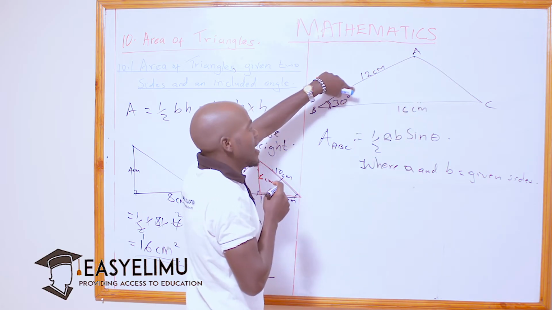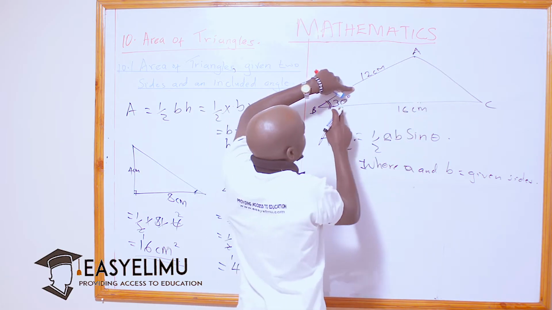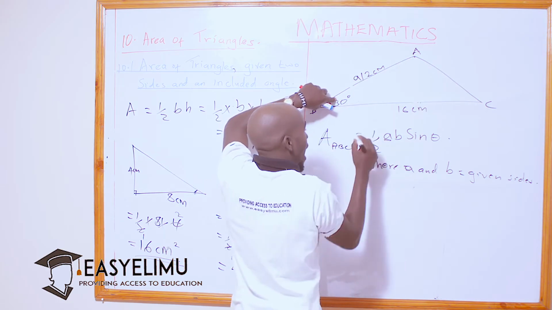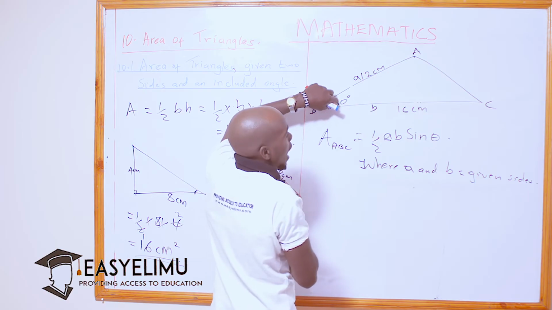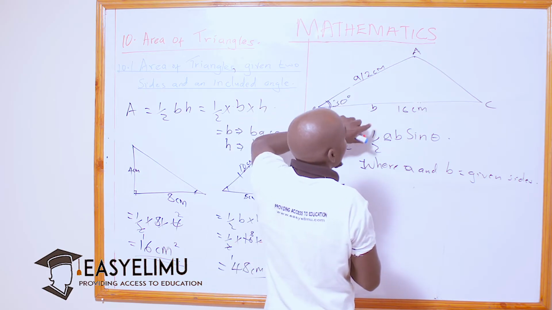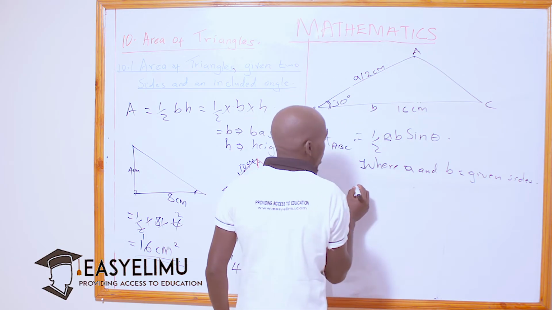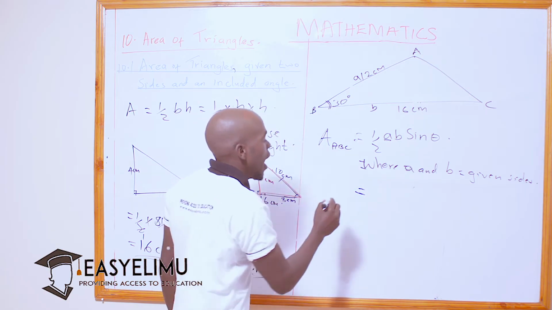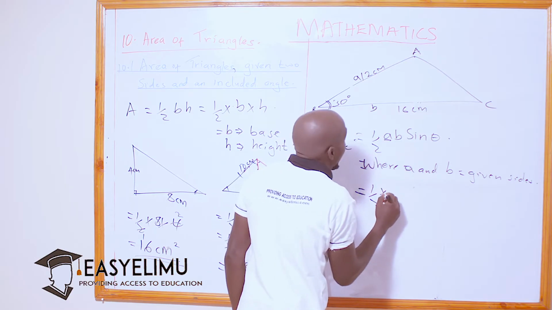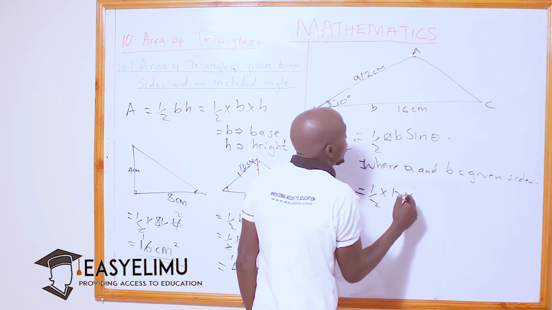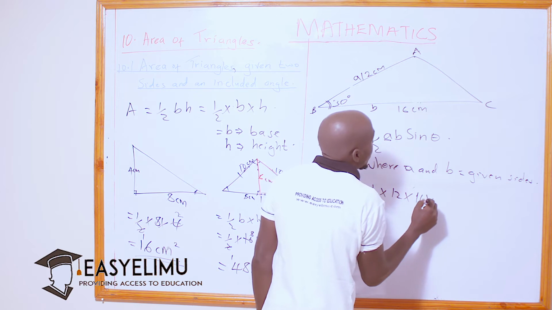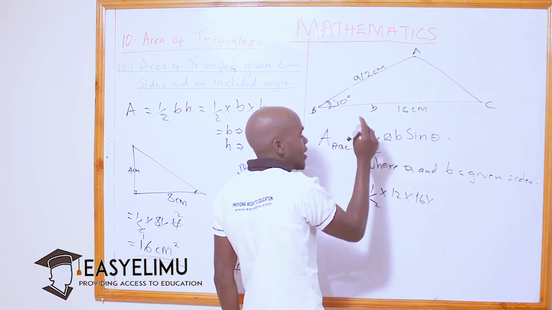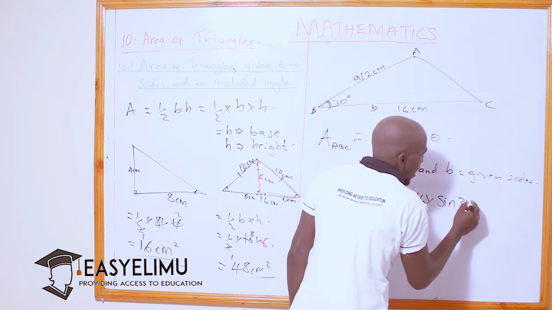So if the angle is 30 degrees, this side can be A and this one can be B. Then the area of the triangle is a half multiplied by A, which is 12, multiplied by B, which is 16, multiplied by sine theta, and sine theta here is sine 30.